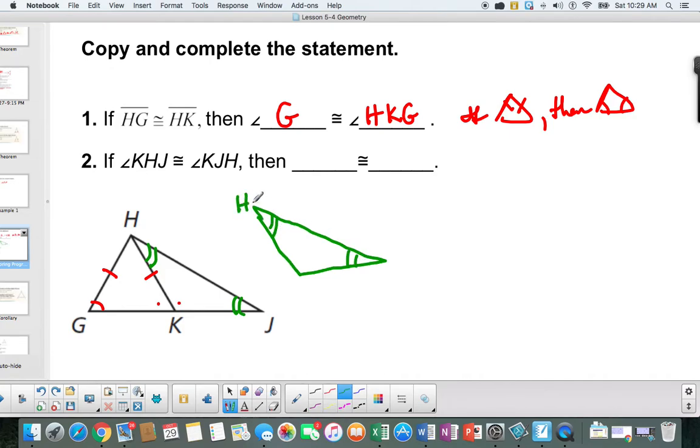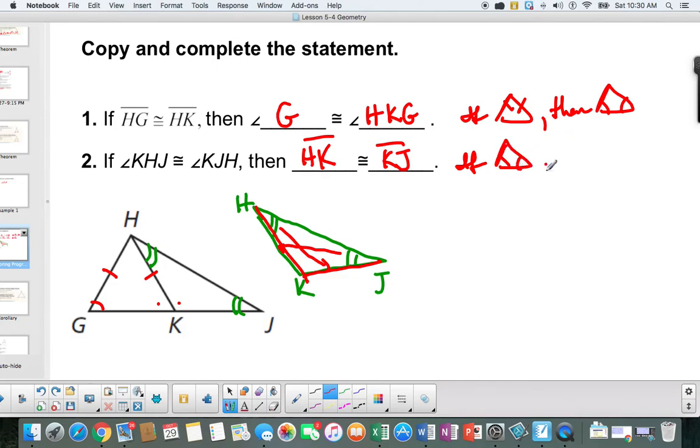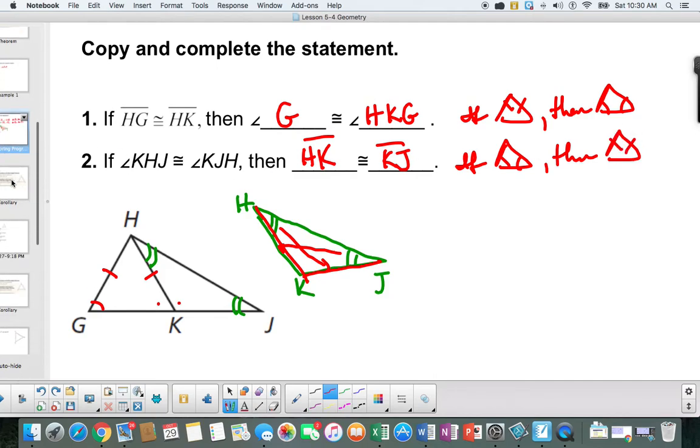This is H, K, J. And we know this side is opposite that angle, and this side is opposite this angle. So we can say HK is congruent to KJ. And this is the converse. So when the two angles are congruent, then you can say the two sides are congruent. This is the converse of the base angles theorem.